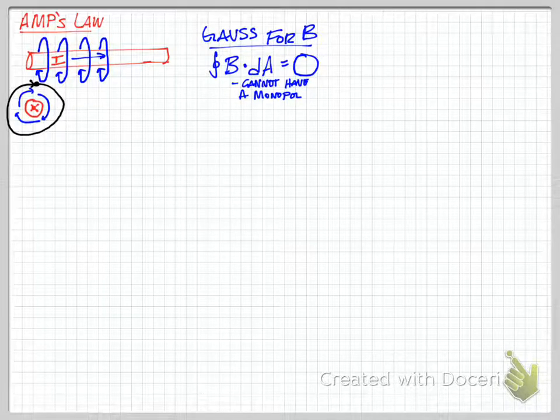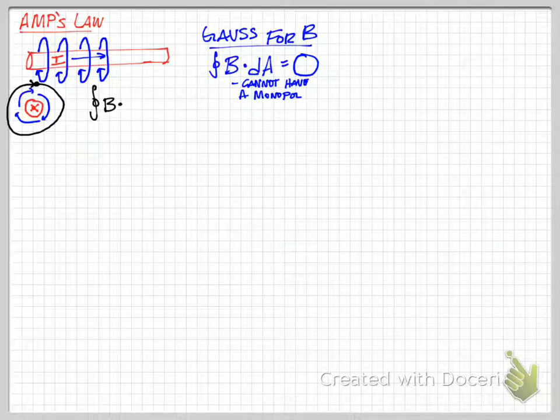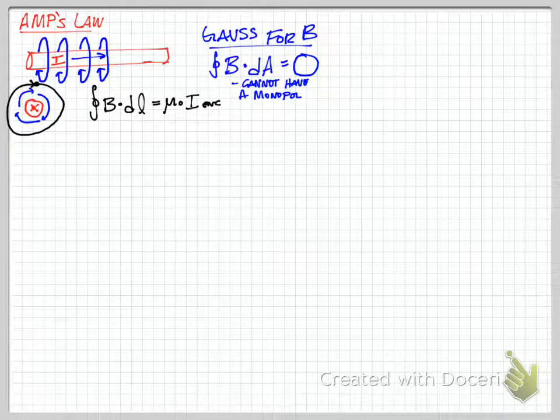And what Ampere's law says is the closed line integral of the magnetic field times the differential piece of length of that line is going to be our fundamental constant mu 0 times the current enclosed by that, what we call, write it down here, Amperian loop.